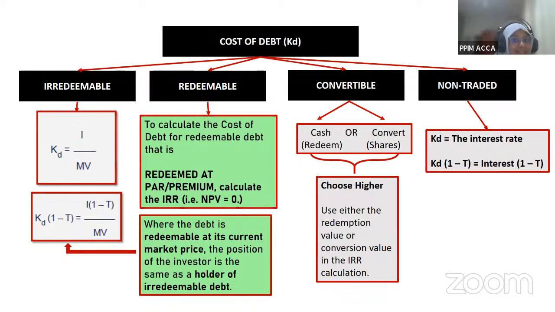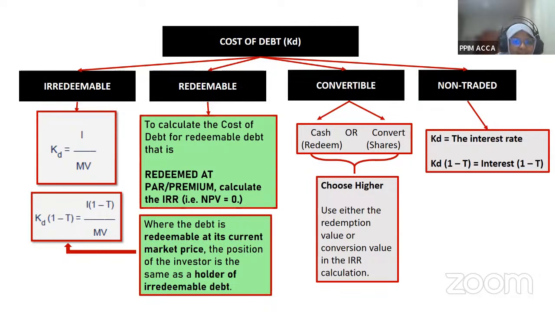It reduces the taxable cash flow. So sometimes they will ask you the post-tax cost of debt. Then you can't just calculate this and keep the first box. You have to calculate KD (1 minus T). So how you do that is interest times 1 minus T divided by the market value. That is if it is irredeemable. If it is redeemable, then you will calculate using an IRR-based calculation.